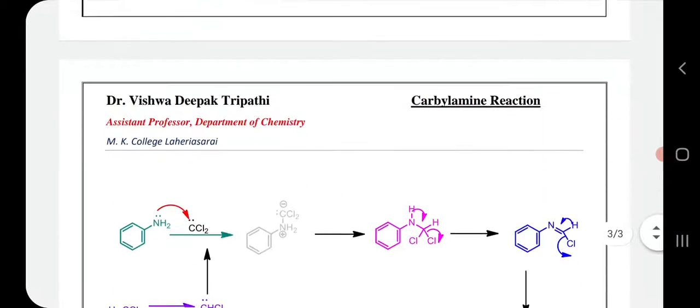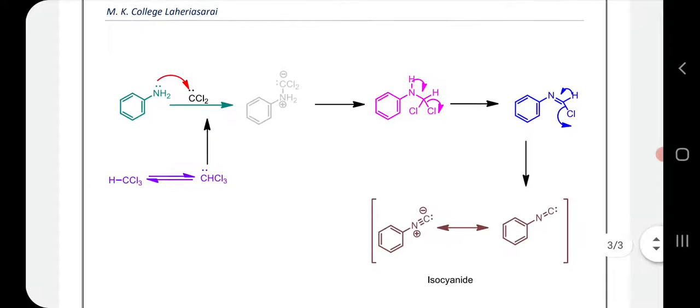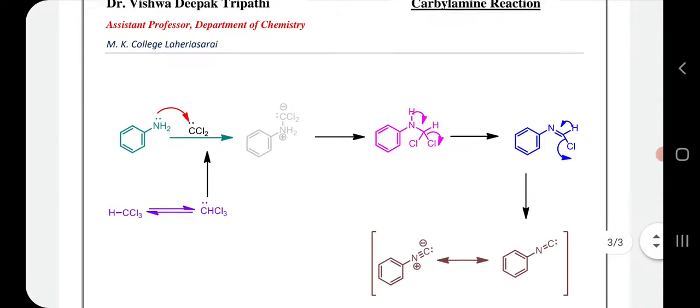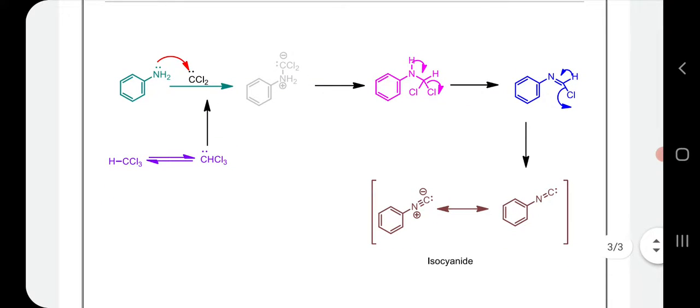We will see how. Here you can see the dichlorocarbene. This dichlorocarbene is generated from chloroform: we have the chloroform, and by the action of base it generates dichlorocarbene. Since dichlorocarbene is an electron deficient species, it reacts with the lone pair present on the nitrogen of aniline, and dichlorocarbene adds on the nitrogen of aniline.